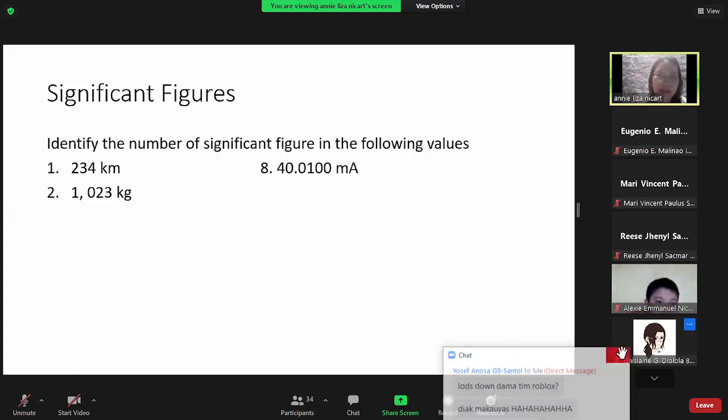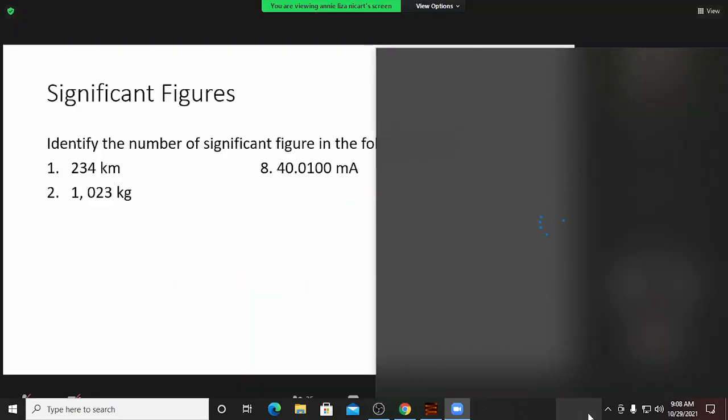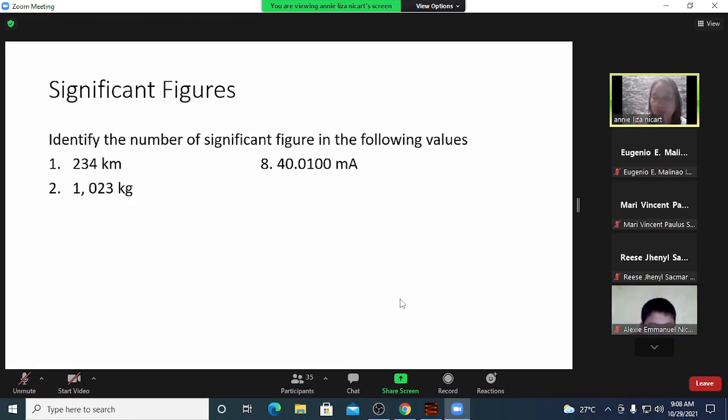Going back, in number 2 there are non-zero digits and one zero digit between them. So that zero is between two non-zero digits, so that zero is significant. All middle zeros, or zeros located between two non-zero digits, are considered to be significant. They are called mid-zeros.